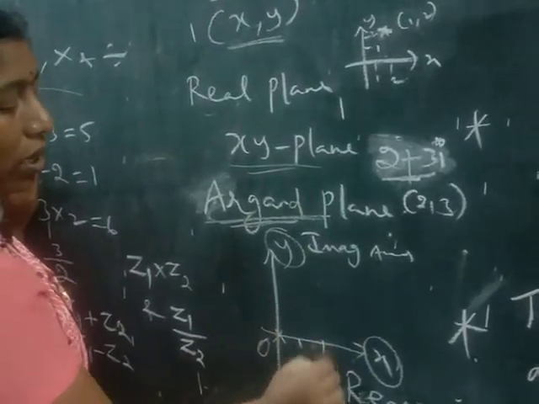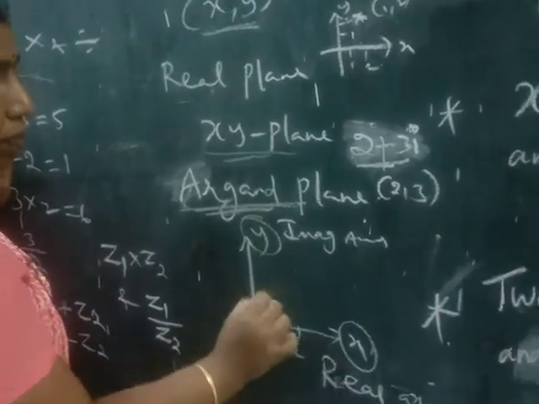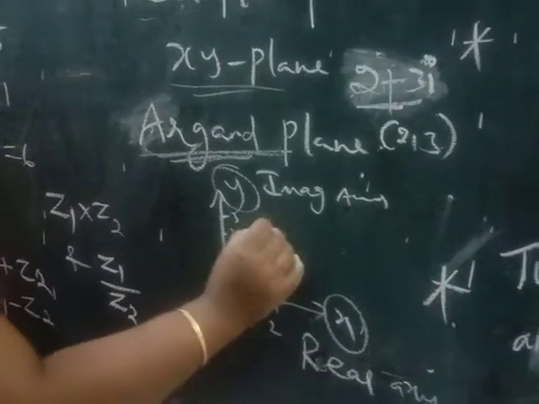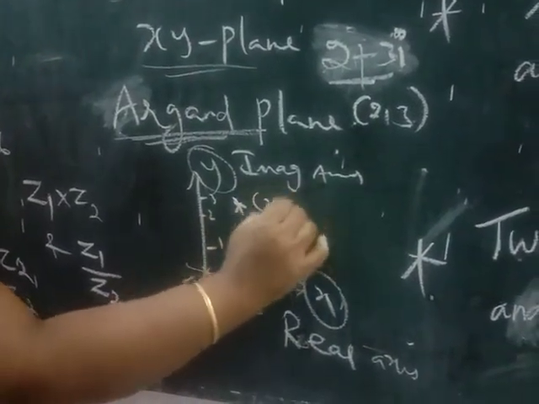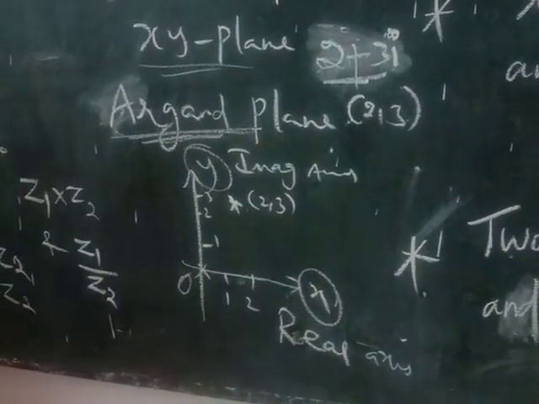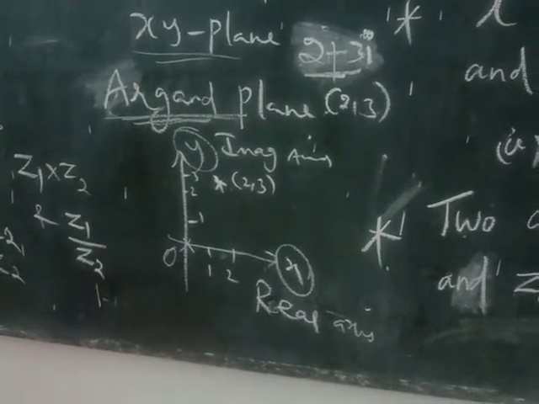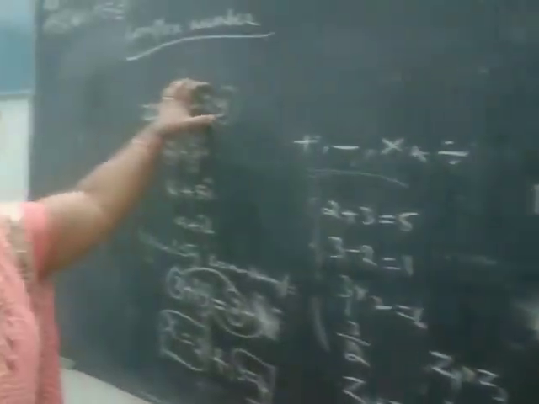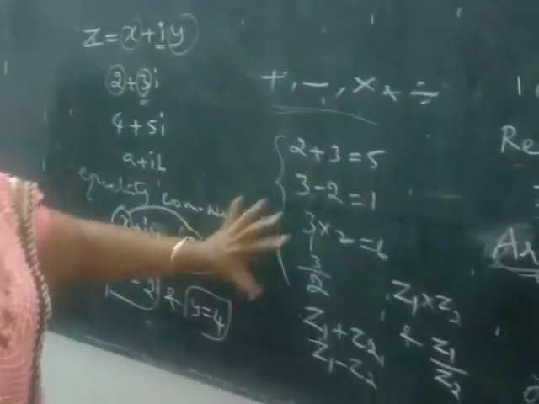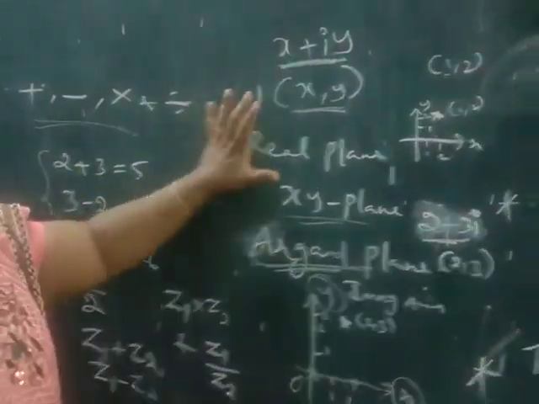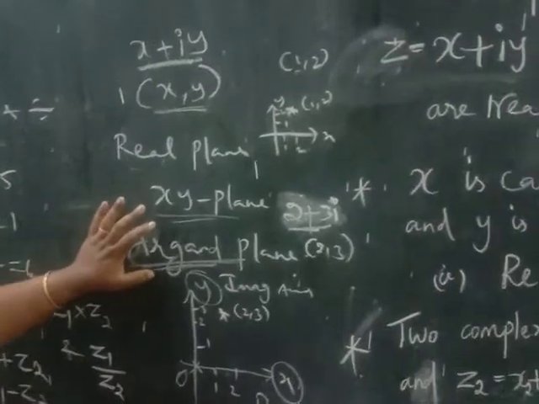Now 2, 3: on the x-axis 2, on the y-axis 3 here. So this is the Argand plane. Now I hope you all understood the general form of a complex number, equality of complex numbers, algebraic operations, and the Argand plane.